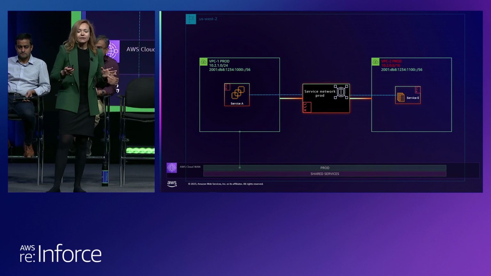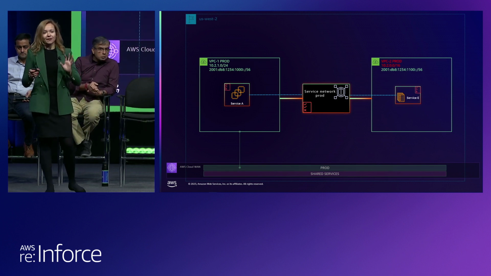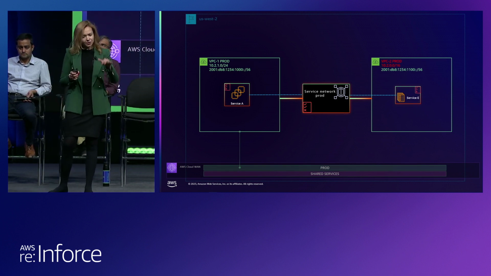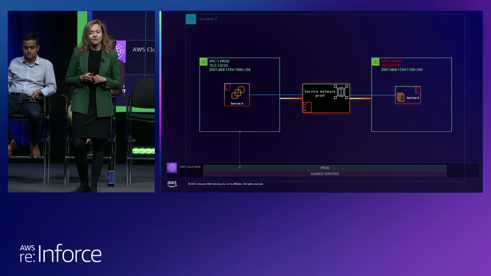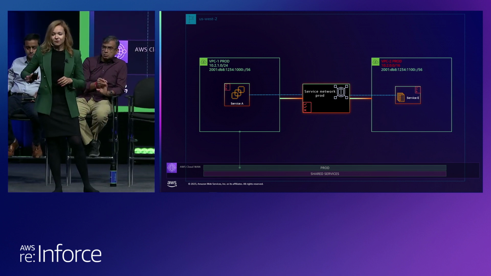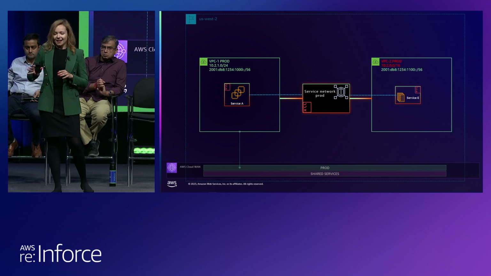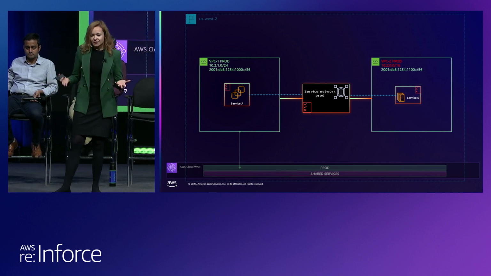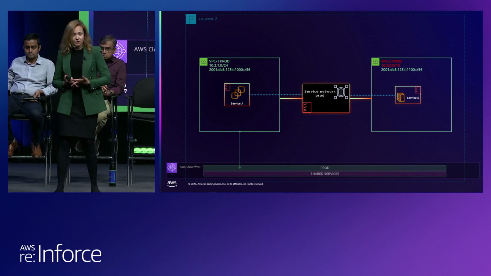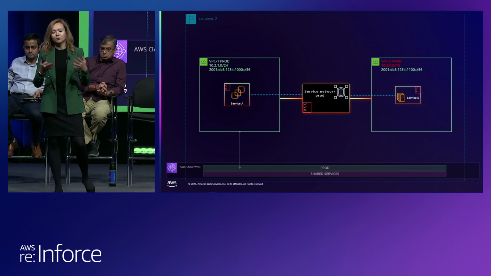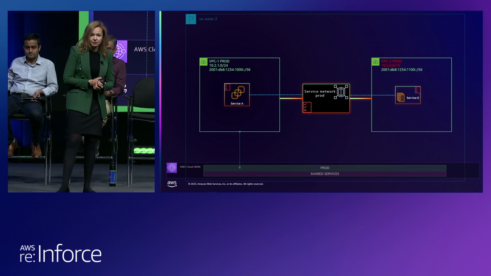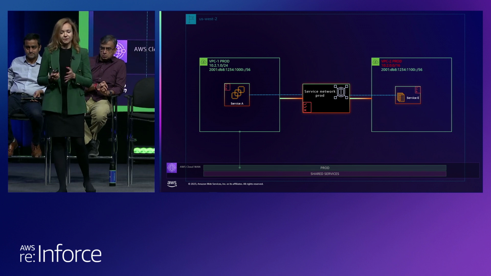So let's take, for example, our two VPCs, right? VPC1 prod, which is the one that's actually attached to Cloud WAN, and VPC2 prod that has the overlapping IP space. Now, service A and service E, they're both associated with the service network, and both VPCs are also associated with the service network in our example.